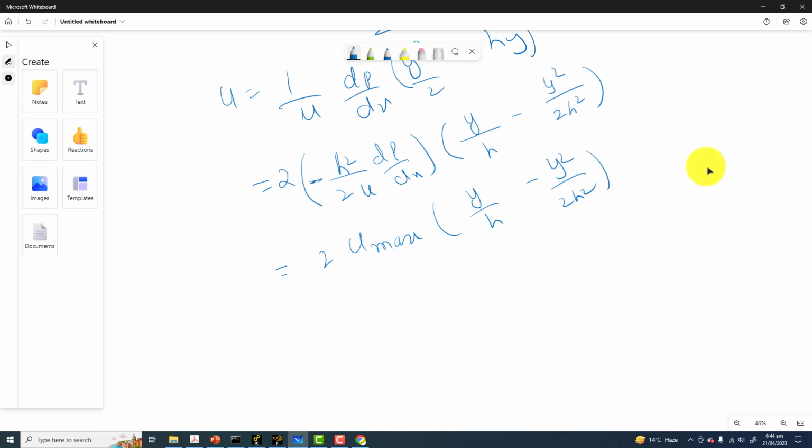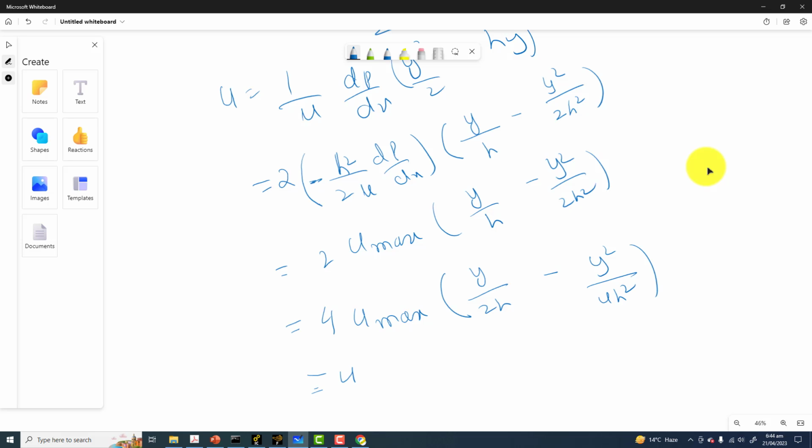So I will also take the 2 common, or in simple words, divide by 2 and multiply by 2. So 2 2 will be 4, and here is u maximum, and by dividing it means that this will be y by 2h minus y square upon 4h square.